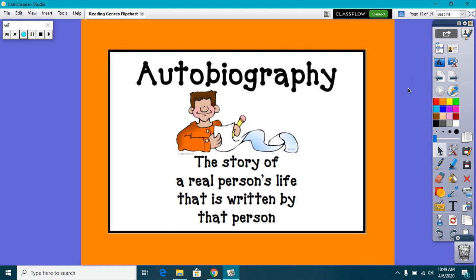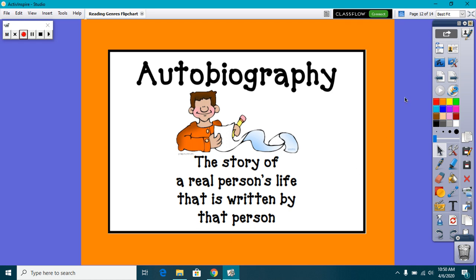The next one is similar to a biography, but it is called an autobiography. Now, auto is a prefix that means self. So it's like a self-biography because you write it yourself. It's the story of a real person's life that is written by that person.